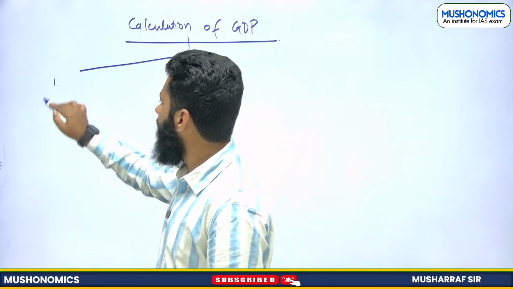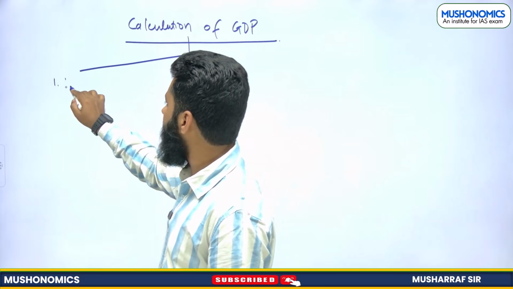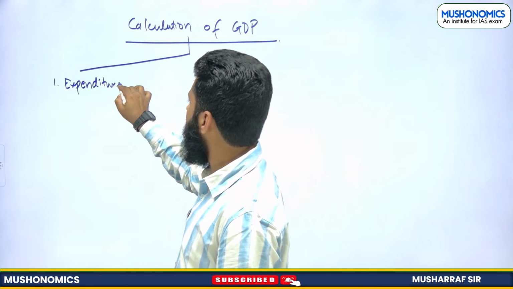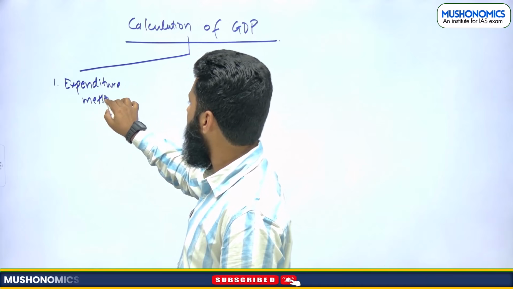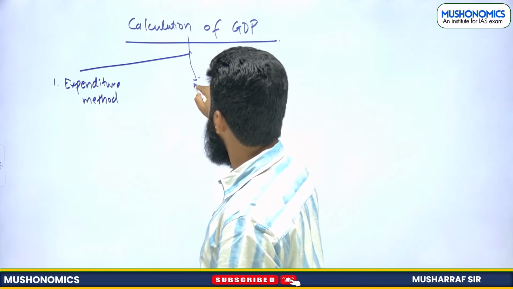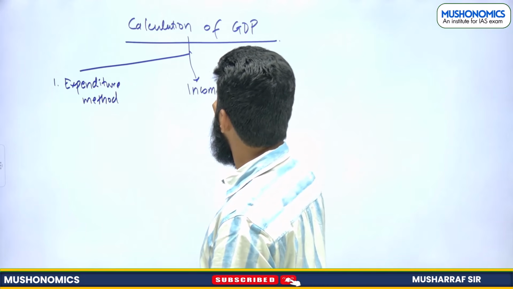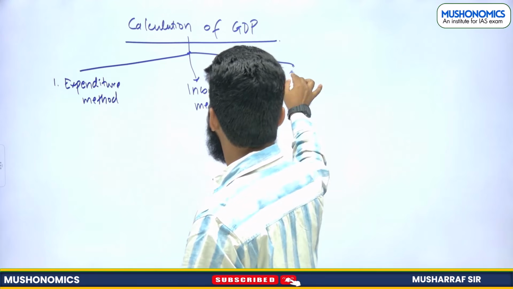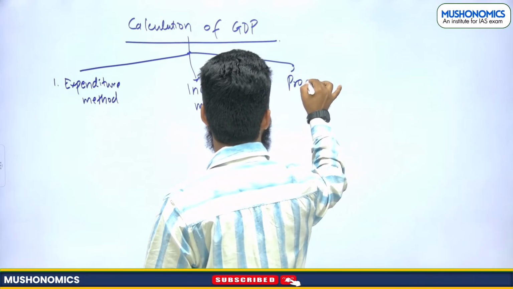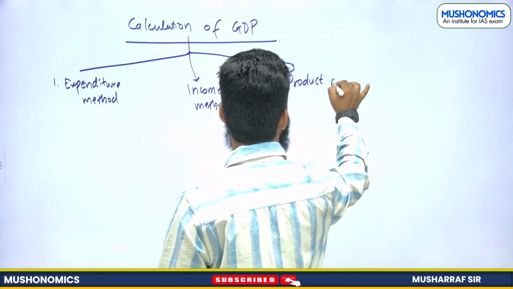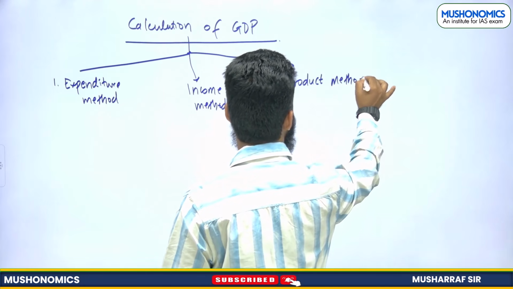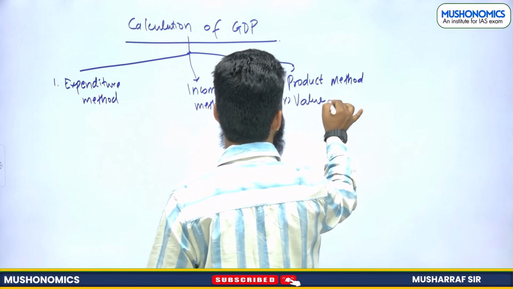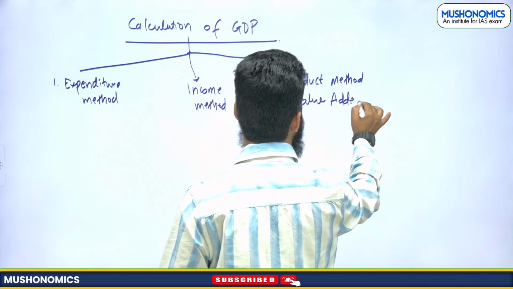One is known as the expenditure method, one is known as the income method, and one is known as the product method, also called the value added method.